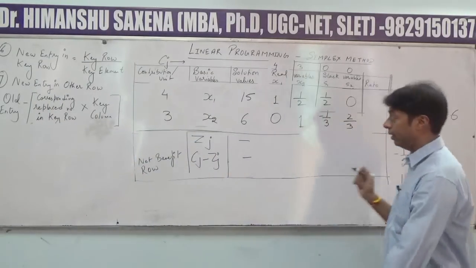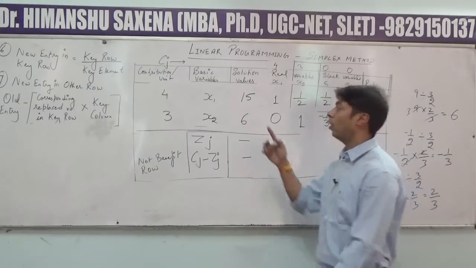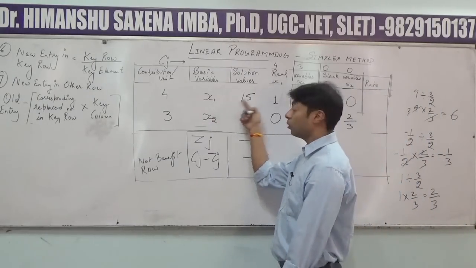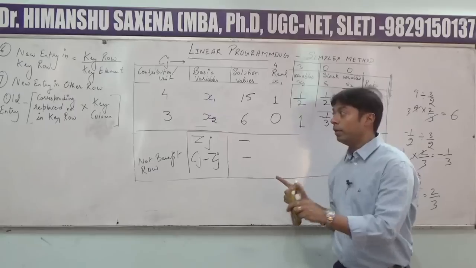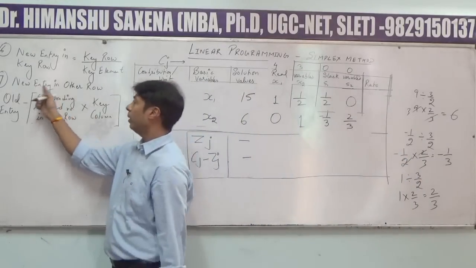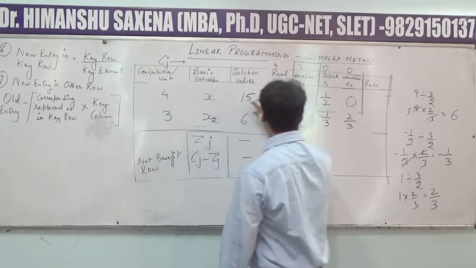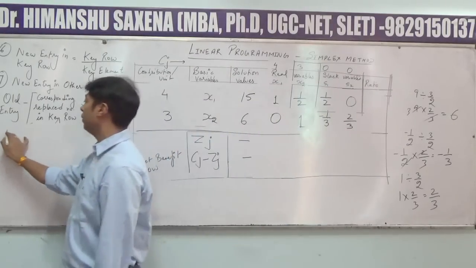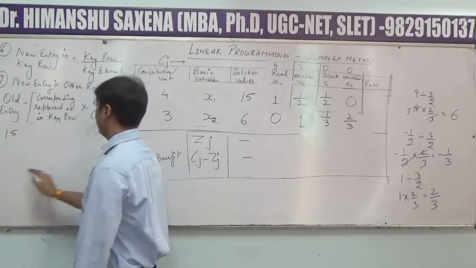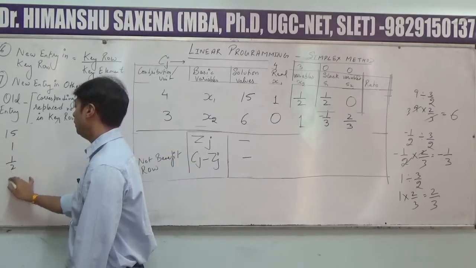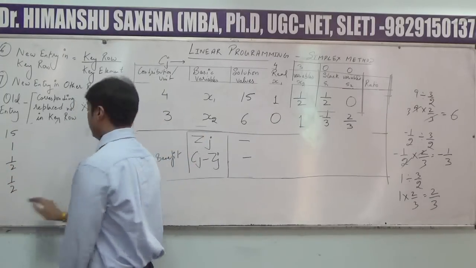Right? Okay, now we start the calculations for this row which was not a key row. Now what does this formula say? New entry in other row is old entry. So now all these old entries were 15, then 1, half, and 0.